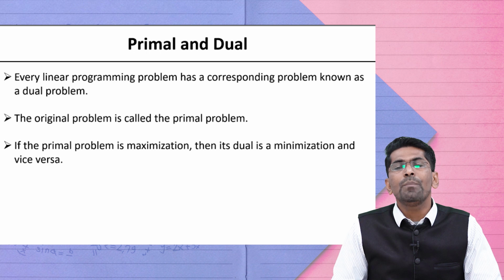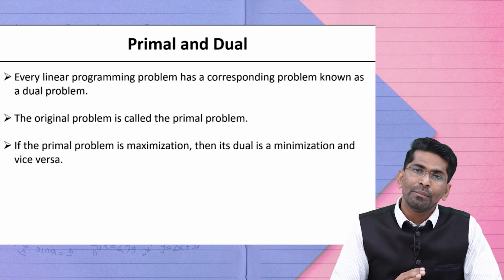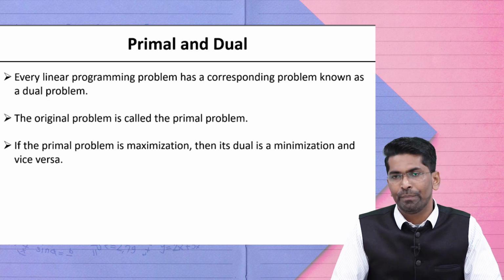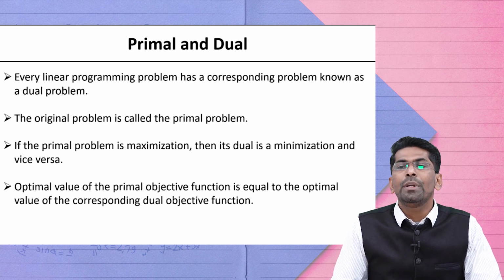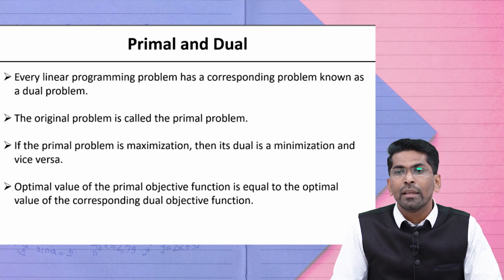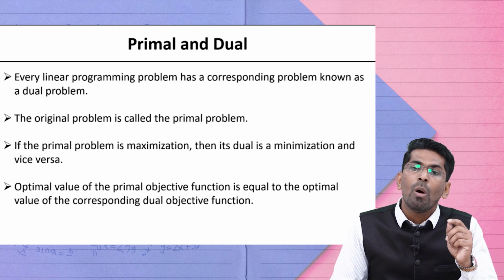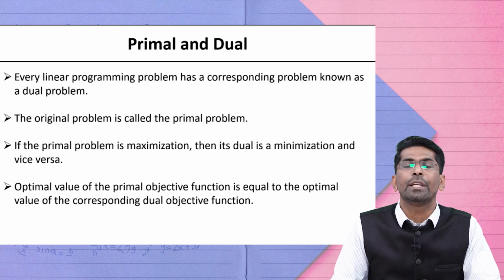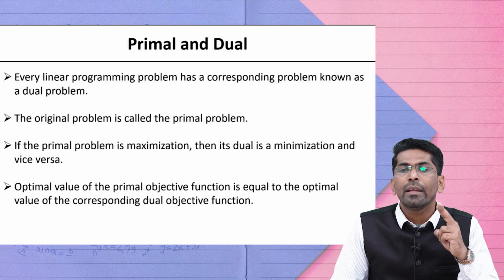If the original problem is minimization, then its dual will be maximization. Thus the optimal value of the primal objective function is equal to the optimal value of the corresponding dual objective function. So both are equal.